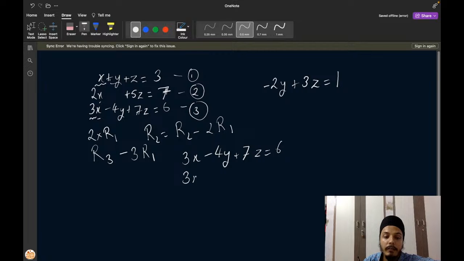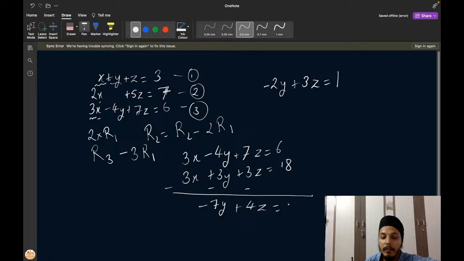The other equation will be 3x plus 3y plus 3z equals 18. Now when you reduce this, what you get is minus 7y plus 4z equals minus 3. So we will write it here: minus 7y plus 4z equals minus 3.